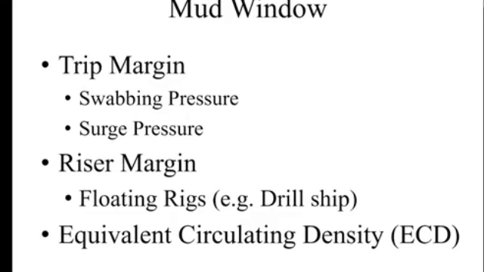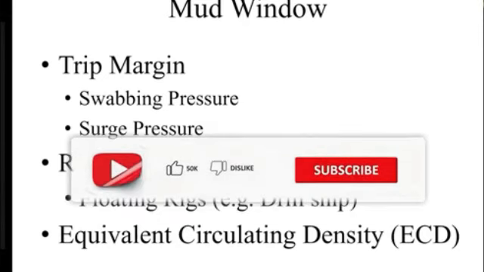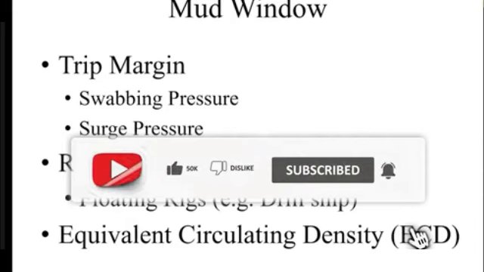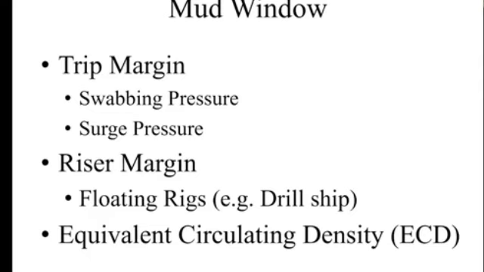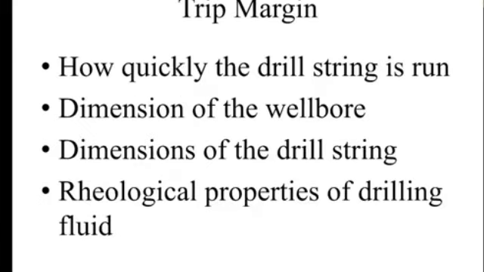So for this reason, bottom pressure is not a constant value. Obviously, when we are pumping, we call the bottom pressure dynamic bottom pressure. When we stop pumping and the well is in a static condition, we call it static bottom pressure. And obviously, dynamic bottom pressure is always greater than static bottom pressure.